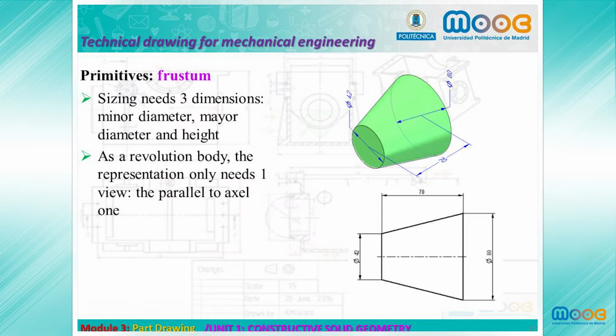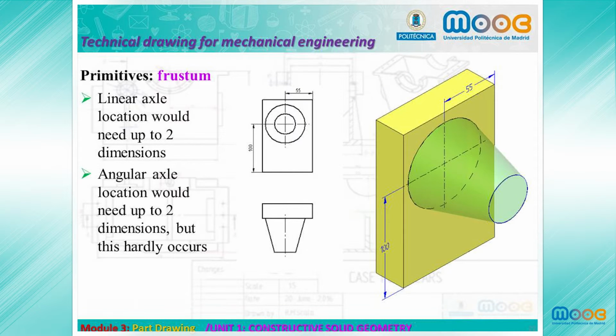As a revolution body, representation only needs one view, the one parallel to the axis. As with the cylinder, linear and angular location will each need up to 2 dimensions, but linear occurs very frequently and angular is a very rare situation.